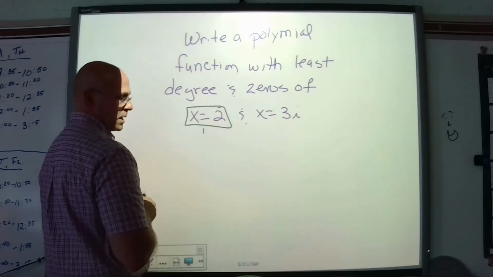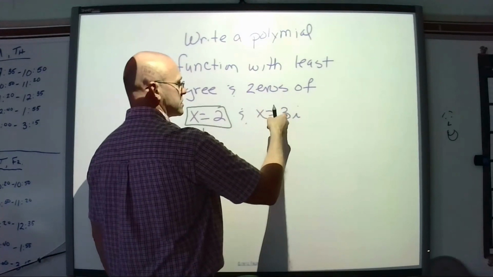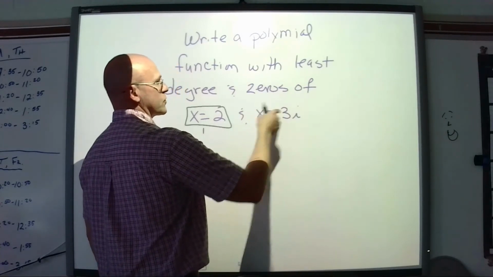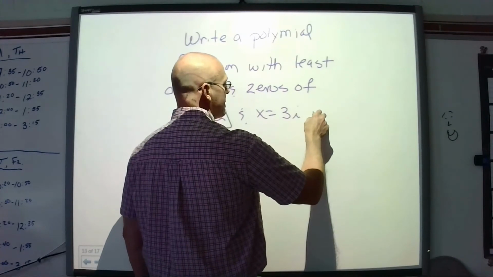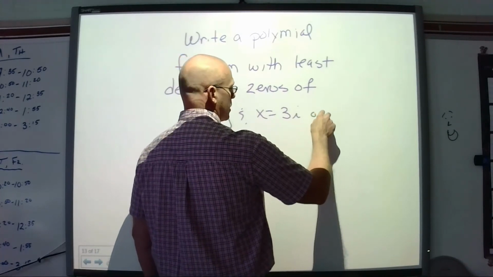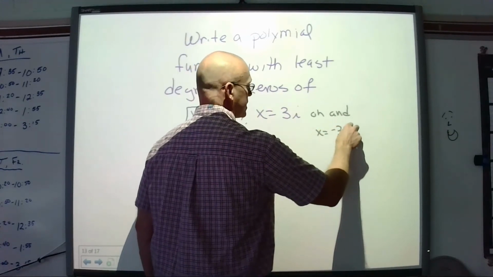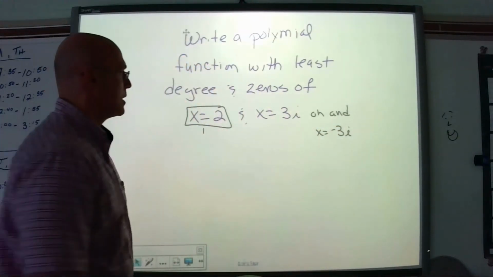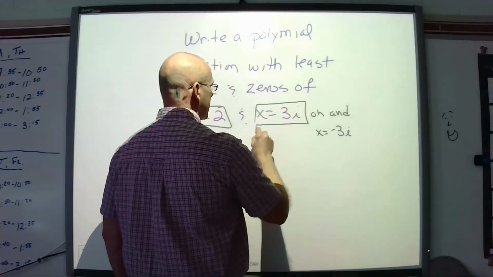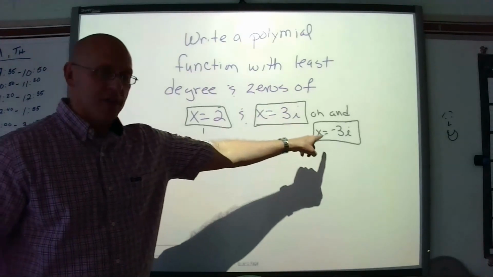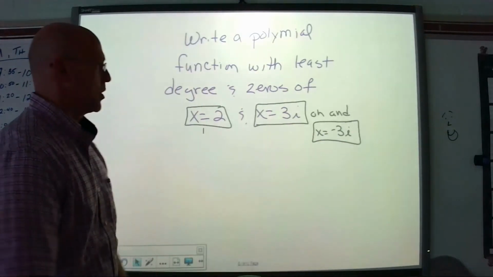Here I have x equals 3i. It is a complex zero. If x equals 3i is a zero, then I must also use x equals negative 3i because they have to happen in conjugate pairs. So I'd have a zero here and a zero here. That means the least degree of this is going to be a third degree polynomial.